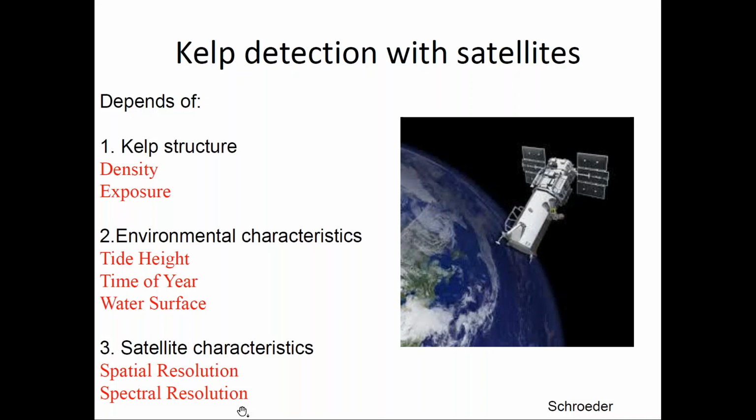The kelp structure is important, and for that, we would like to highlight density and exposure, and I'll go through this in a little detail with you in a minute. The environmental characteristics of the area, such as tide height, which was already mentioned, time of the year, and the properties of the water surface, and I'll show you what I mean by that. And also the satellite characteristics in terms of spatial and spectral resolution, which both Tom and Merritt already mentioned as well. Next slide, please.